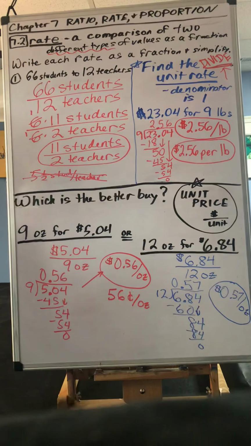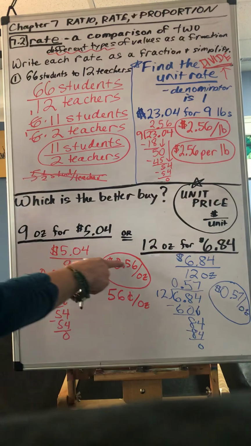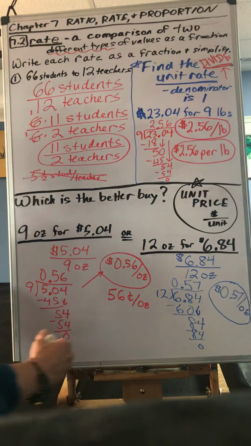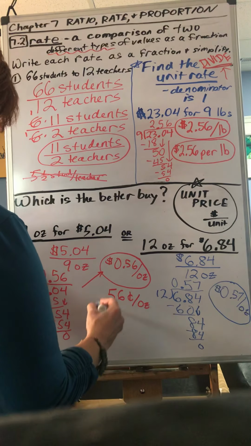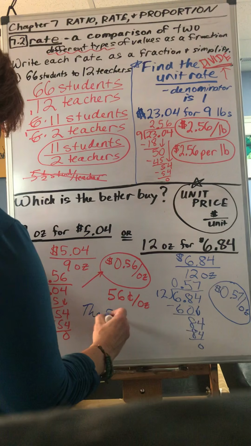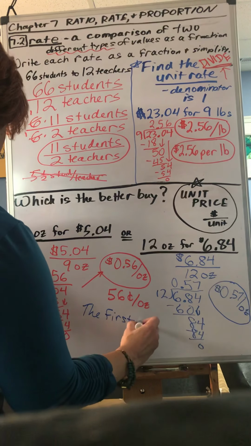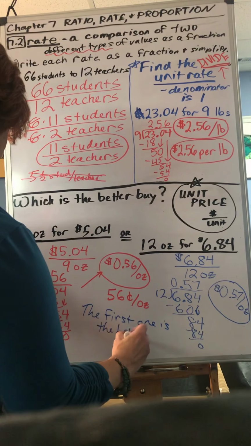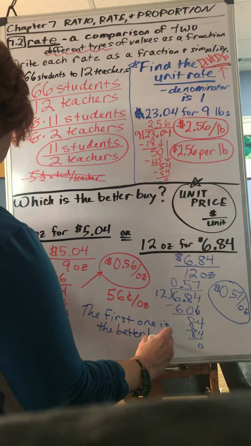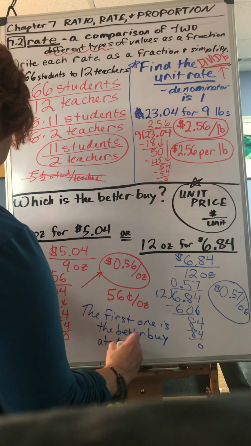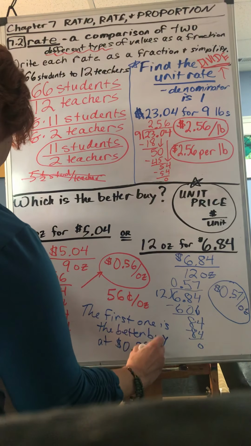So which one is the better buy? The first one, 56 cents, is cheaper than 57 cents. So the first one is the better buy at 56 cents per ounce.